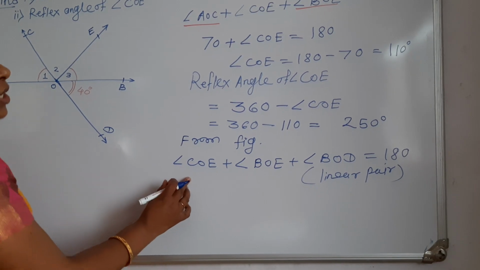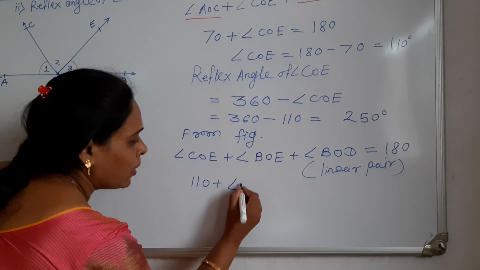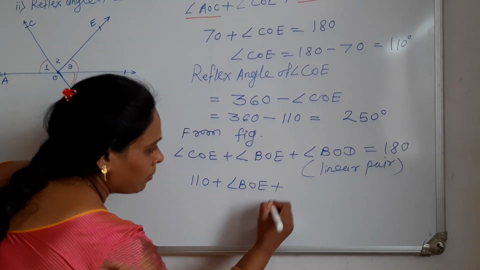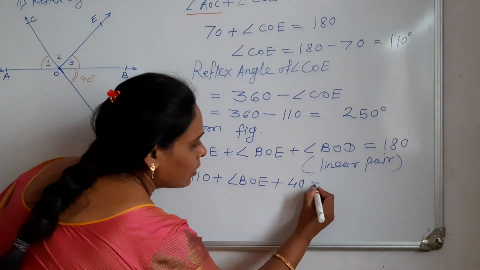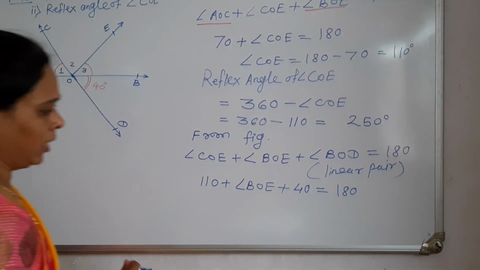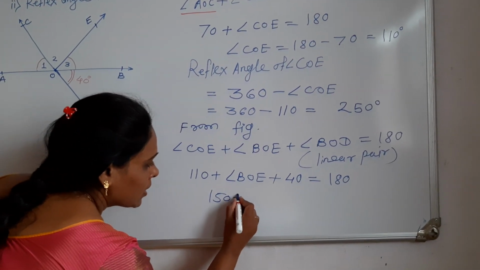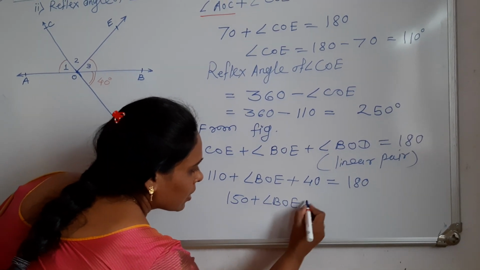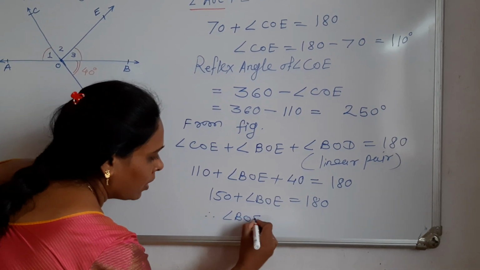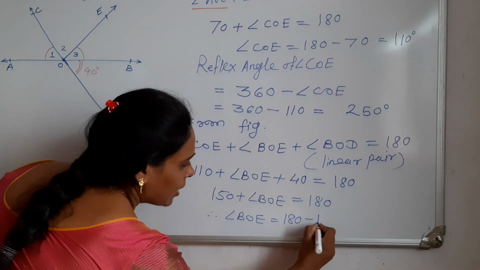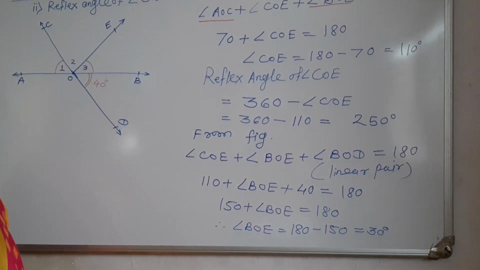Now here the measure of COE is 110, plus angle BOE, which you have to find, plus angle BOD, which is also given, it is 40 degrees. Substitute the values, equal to 180. 110 plus 40 is 150, plus angle BOE is equal to 180, and therefore angle BOE is equal to 180 minus 150, that value is 30 degrees, and that is your answer.